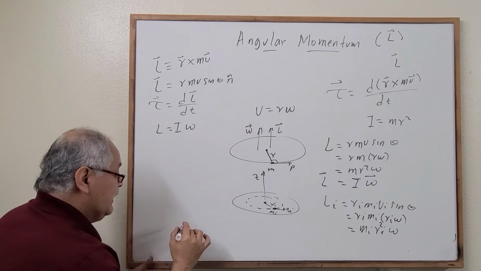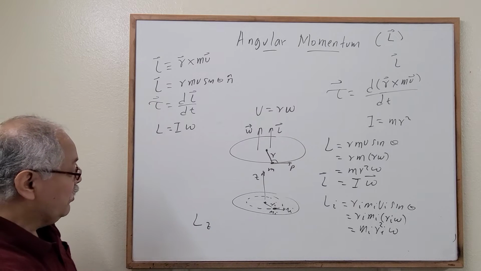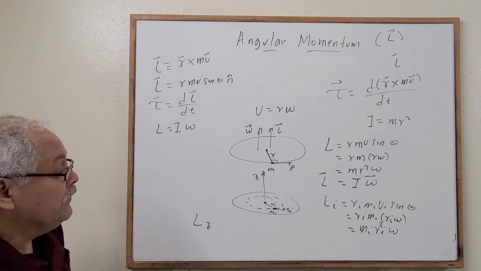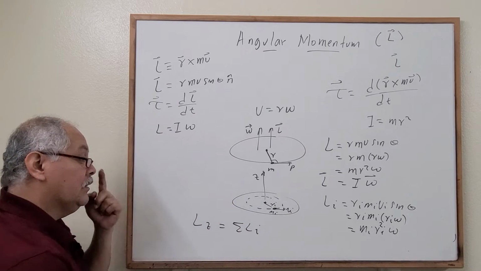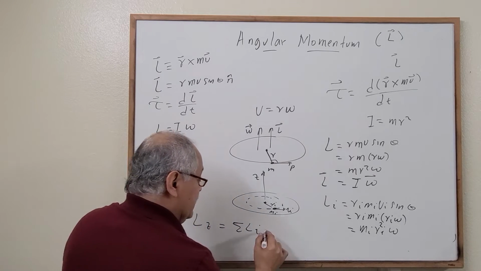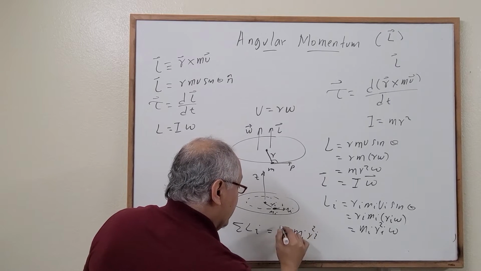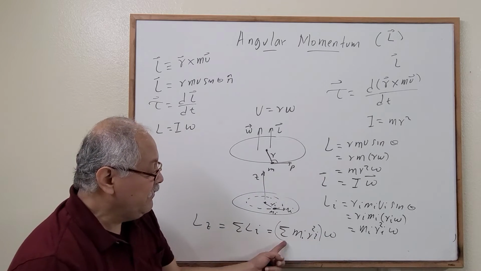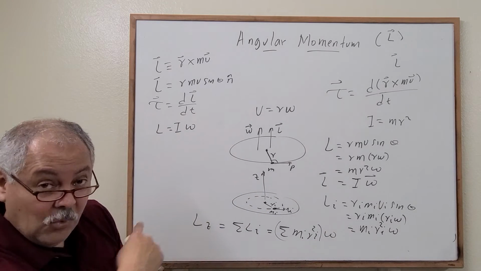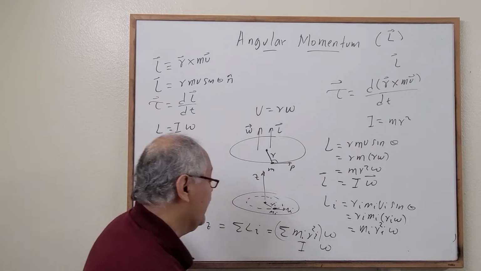Now let's find the angular momentum in the z direction. It's equal to the sum of all these particles, correct? It's equal to the sum of m sub i, r sub i squared times omega. Then, one more time, we define this as the moment of inertia for all the particles. It's going to be the moment of inertia times omega.